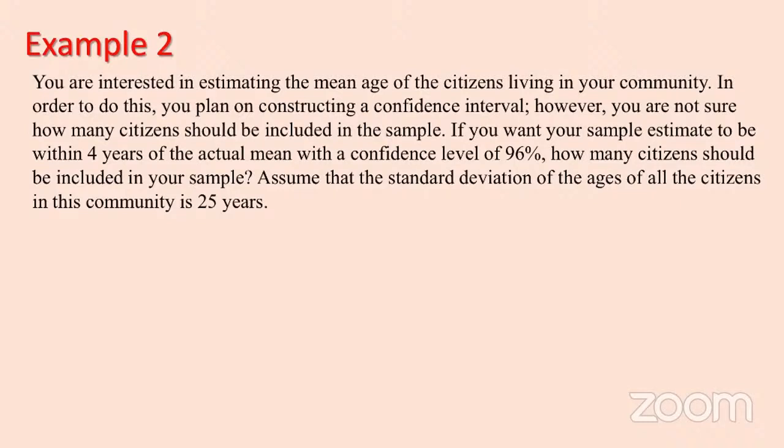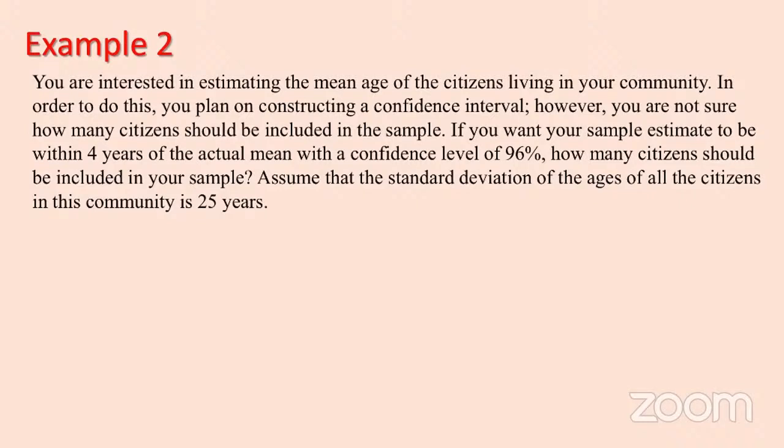If you want the sample estimate to be within 4 years, that means from the mean you can go 4 up and 4 down. That is the margin of error, 4, of the actual mean with 96% confidence level. So you have to find how many citizens should be included in this sample. Assume that the standard deviation of all citizens, meaning the population standard deviation, is 25.